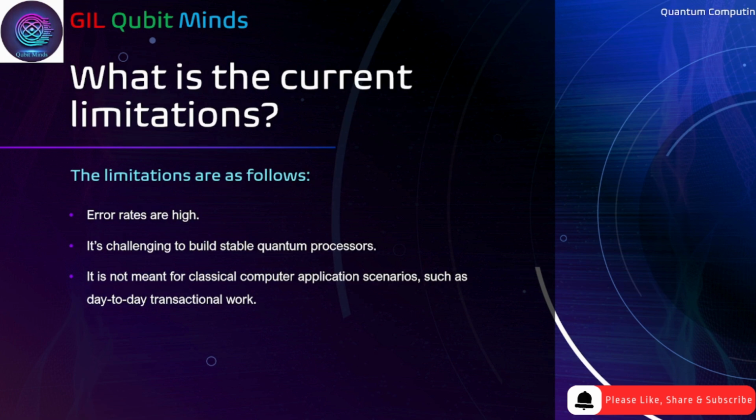But building a quantum computer or processor is very difficult and very complex as well. So we are not using quantum computers in our day-to-day transaction work. We are keeping them only to solve complex problems that a normal computer would take years to solve.